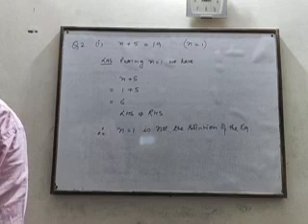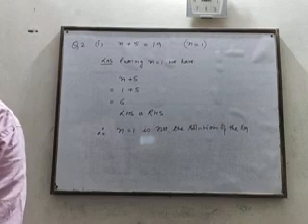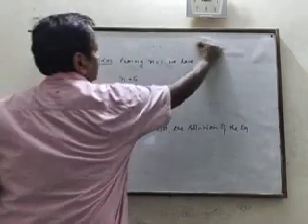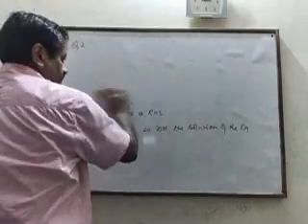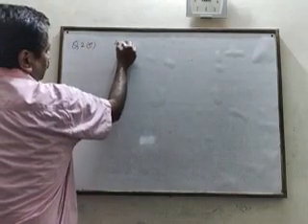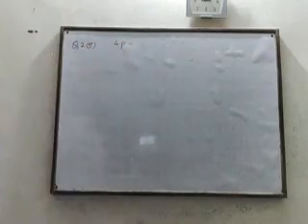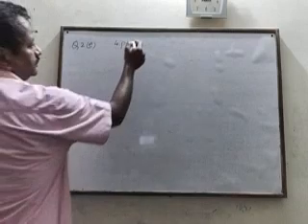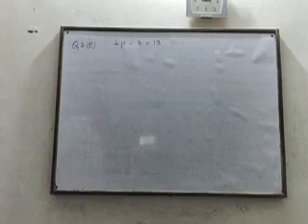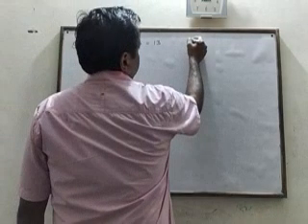Like in the E part, 4p minus 3 equal to 30, where p is equal to minus 4.